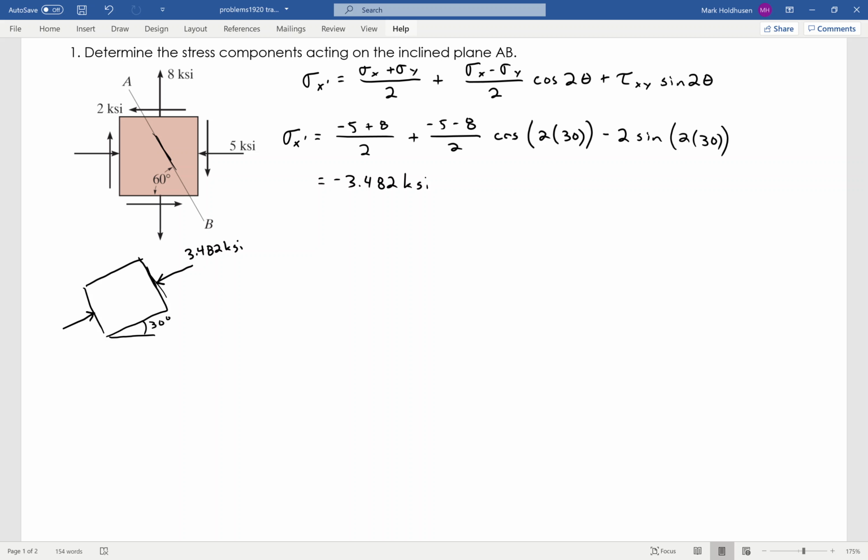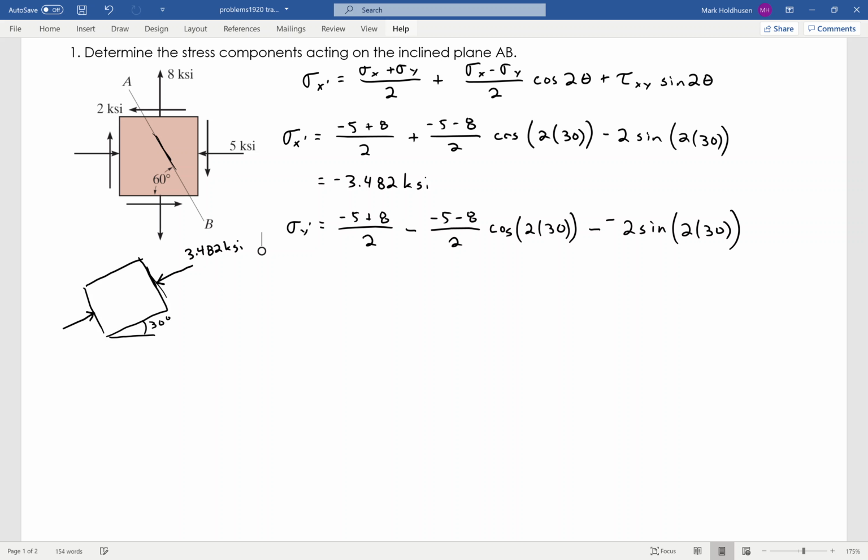I do the same thing in the Y direction. Really the only difference is it's a change of sign here. So that's going to be -5 plus 8 over 2, and now it's going to be minus -5 minus 8 over 2, and that's really the only difference, that negative sign right there. That'll be times the cosine of 2 times 30, and this will be minus a negative, so there's a negative sign in there, 2 sine times 2 times 30.